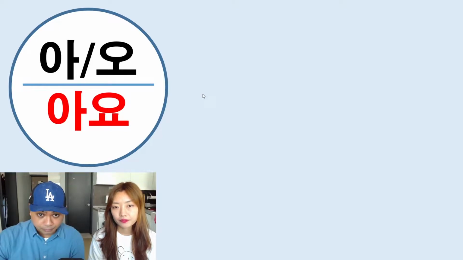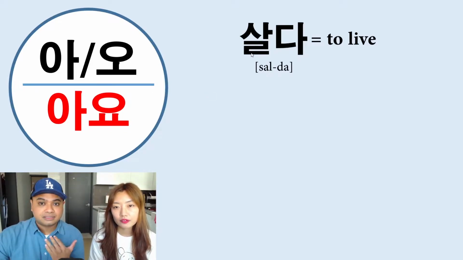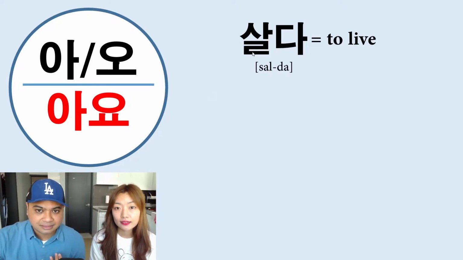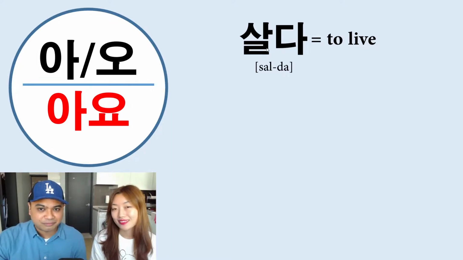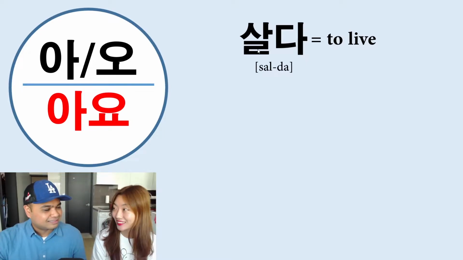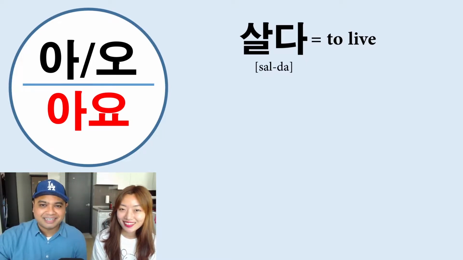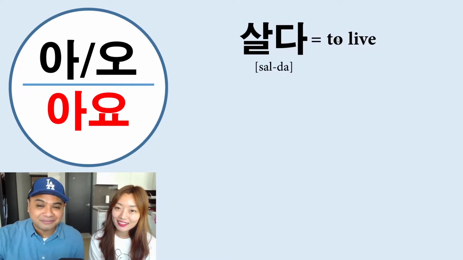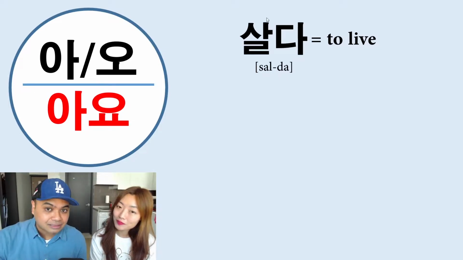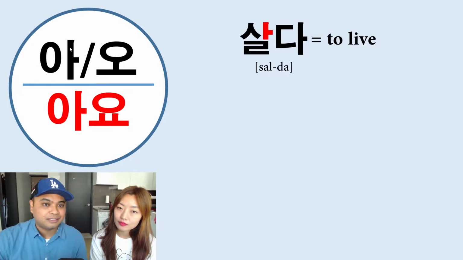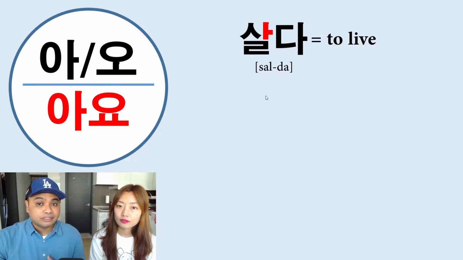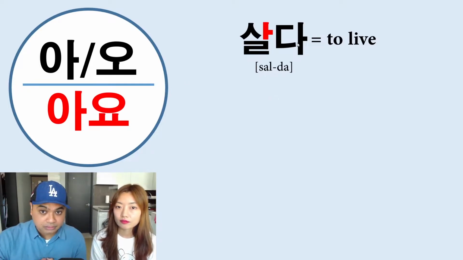For example, we have 살다, salda, which means to live. If you look at the last vowel, it's an a. So what we need to do is add ayo to this verb.